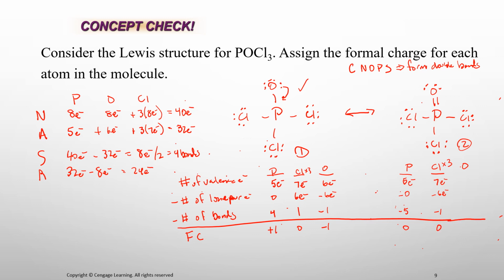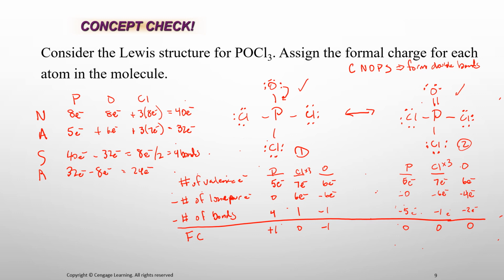And then finally for my oxygens, if you notice, I now have a double bond and I have 4 lone pairs, so I can subtract the 4 electrons that are the non-bonded, and then I can subtract the 2 bonds. So 6 minus 4 minus 2, that would be 0 as well. So as you can see in this particular example, because my formal charge adds up to 0 for the second structure, it is also a valid resonance form.